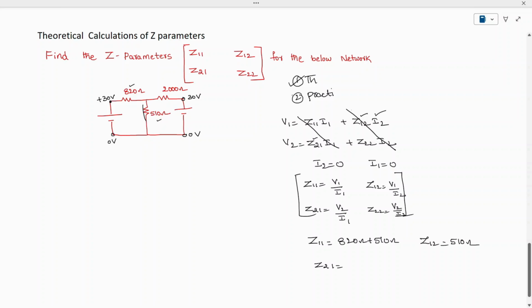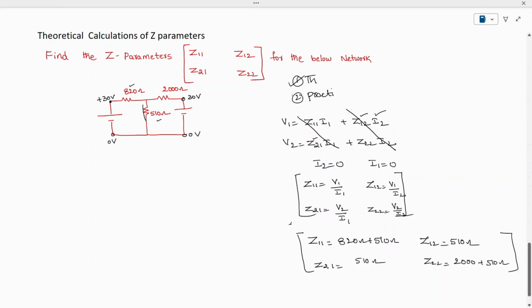Z21 is also the shunt branch, which is 510 ohms. Z22 is the sum of the output port resistance and shunt branch, which is 2000 plus 510.